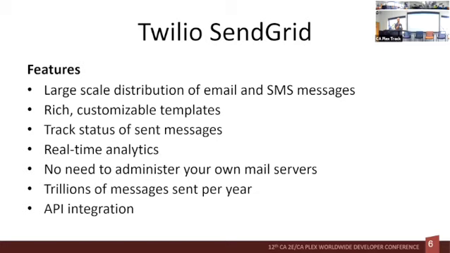It keeps track of the status of each individual message sent to each individual recipient, and you can get that information in real time. And one of the big pluses is that you don't have to administer your own mail servers. You don't have to worry about maintaining a server, applying patches and security, everything like that. SendGrid will do all this for you.